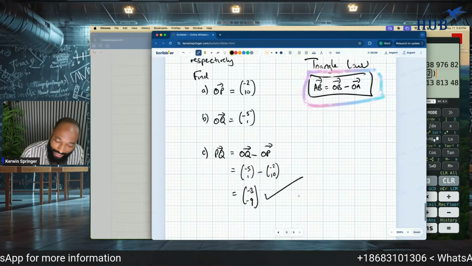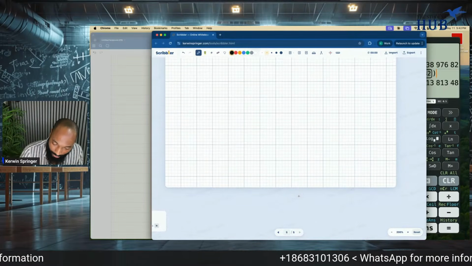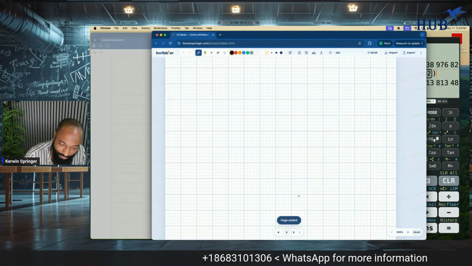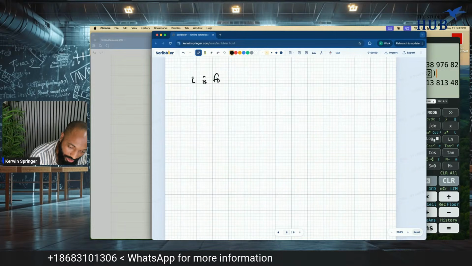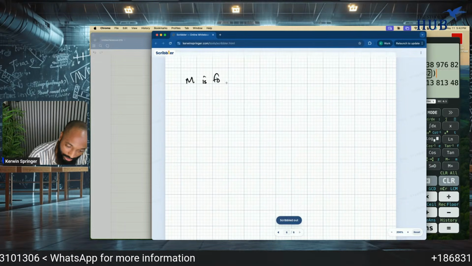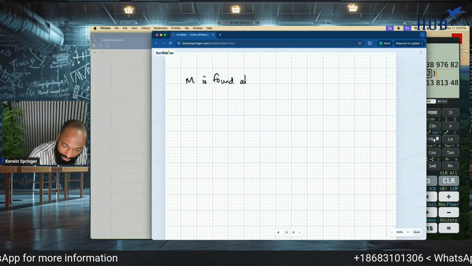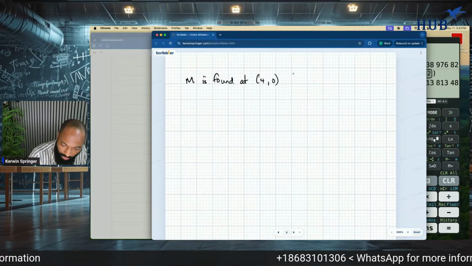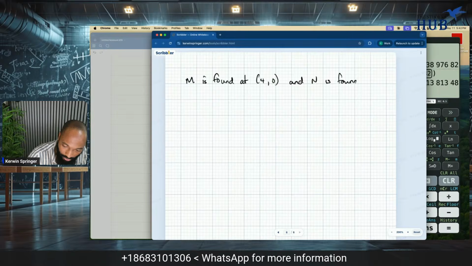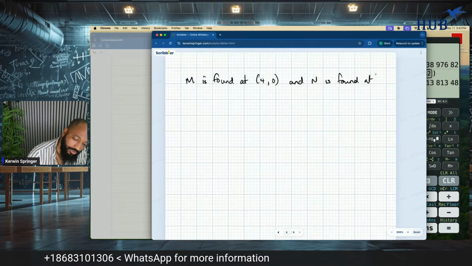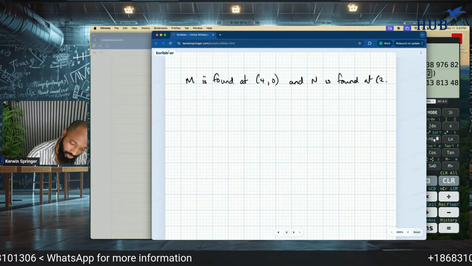The people them want next question. The people them say, run it again. So let's say we have the points L, M, and N. Let's say M is found at 4, 0, and N is found at 2, 7.